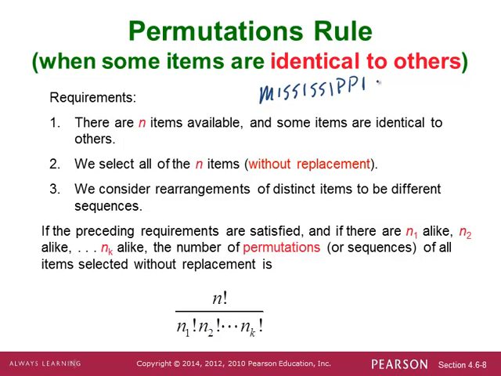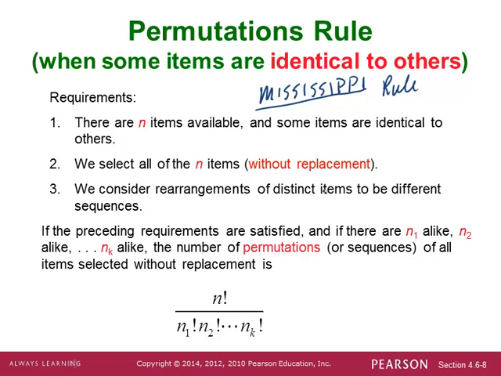And the reason that we call it the Mississippi rule is that if you look at the word Mississippi, notice that there are 4 I's, 4 S's, 2 P's. If you were to switch these two P's, or switch these two I's, or rearrange all four S's, maybe take this S to be this S, and this S to be that S, and so forth. If you were to swap out any two letters that are the same, you would have an identical, non-distinguishable rearrangement.